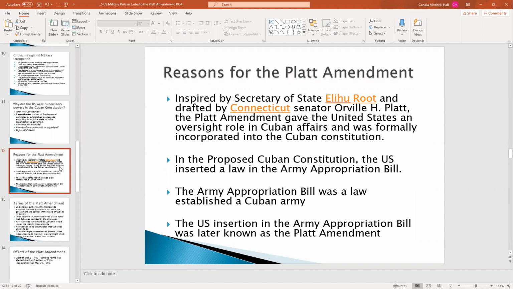So the US now is going to implement a policy, or attach something to the Cuban Constitution that is called the Platt Amendment. Very important term. So in the Platt Amendment that they are attaching to the Cuban Constitution, the US still has rights to intervene in Cuba, right?